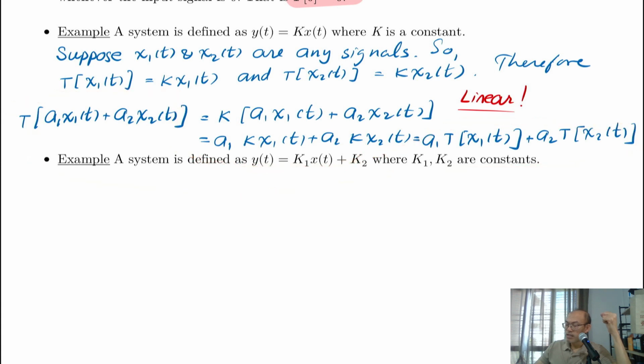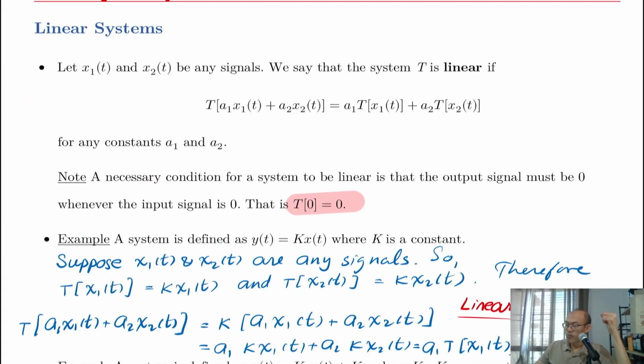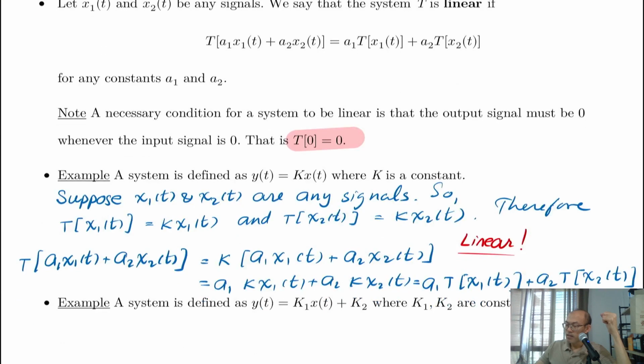But actually, in this case, it would be easier to prove that this one is not true, because this is a necessary condition, right? It has to be true. So if this equation is not true, then the system would not be linear.